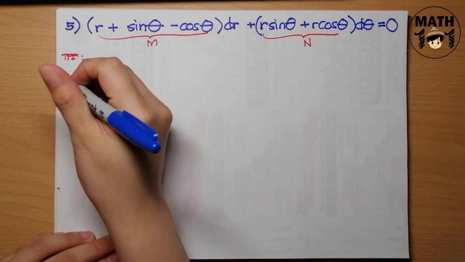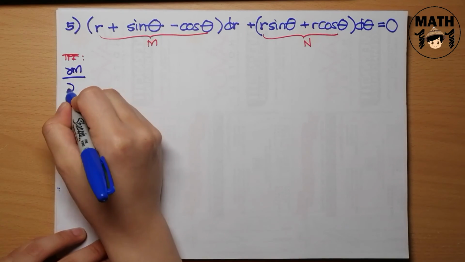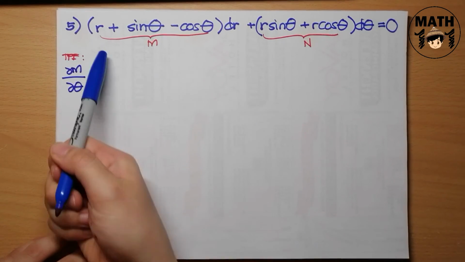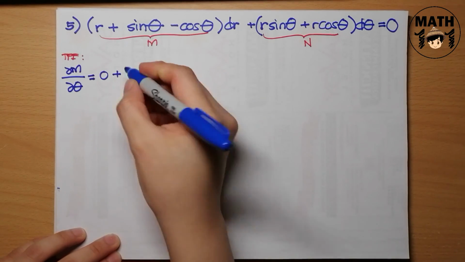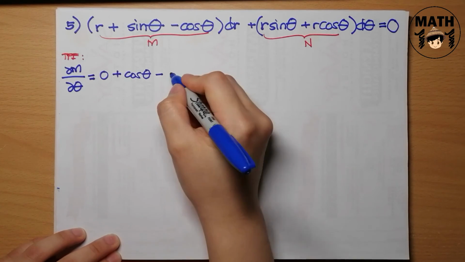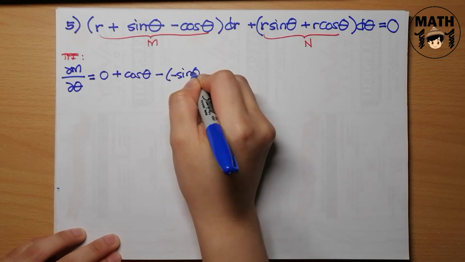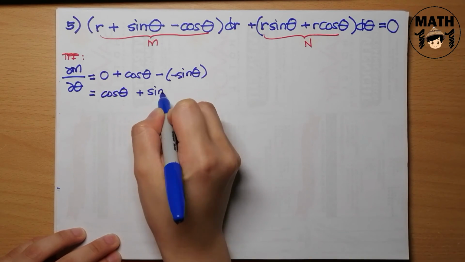We'll take the partial derivative of m with respect kay, dahil kasama niya sa dr, with respect kay theta, yung ating differentiation. R is taken as constant, 0, plus derivative ng sine theta is cosine theta, minus derivative ng cosine theta, that is negative sine theta, or this is just equal to cosine theta plus sine theta.